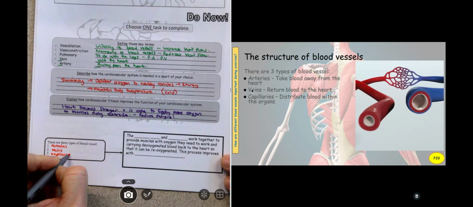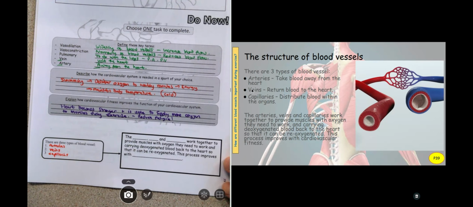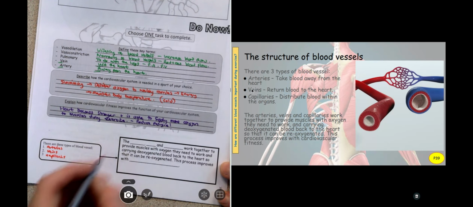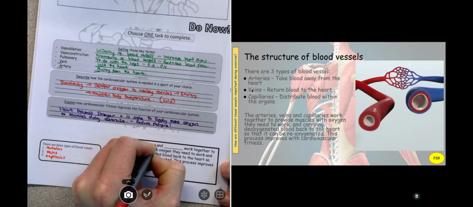And again, they play a key role as well. So the arteries, veins and capillaries work together to provide muscles with the oxygen that they need to work and carrying deoxygenated blood back to the heart so that it can be reoxygenated. This process is improved with our cardiovascular fitness.